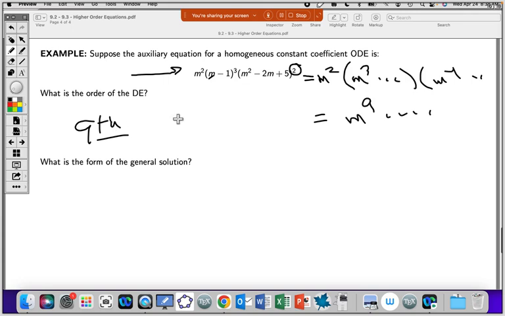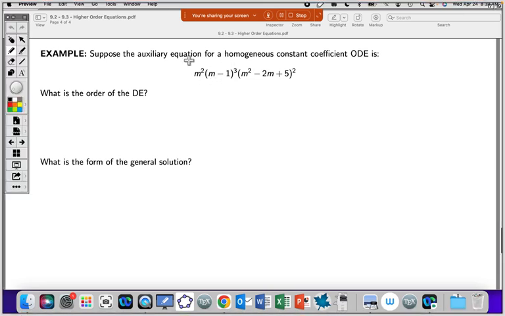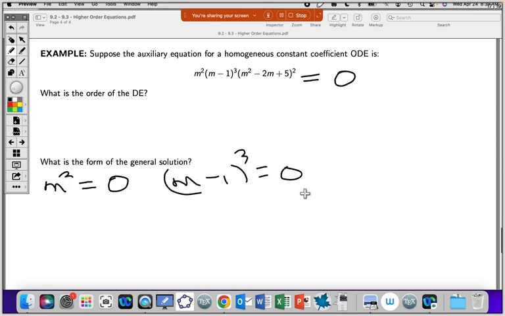Okay. What is the form of the general solution? Once again, the intent of this problem is to review all the salient forms of solutions. So let's set this all equal to 0, and then I would set each factor equal to 0. I'd have m squared equals 0. I'd have (m minus 1) cubed is 0. And I'd have (m squared minus 2m plus 5) squared equals 0.